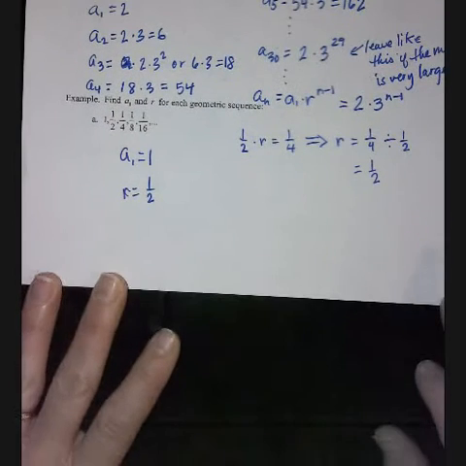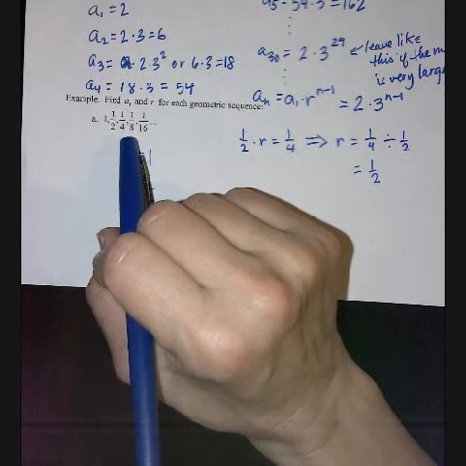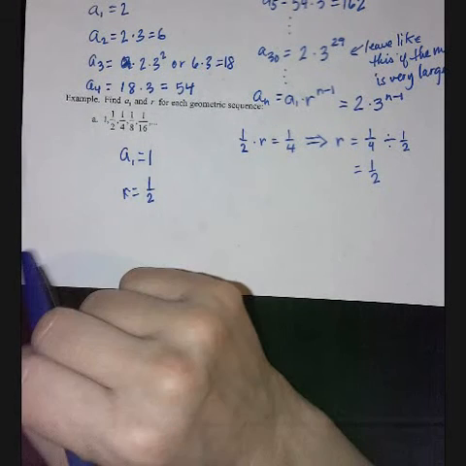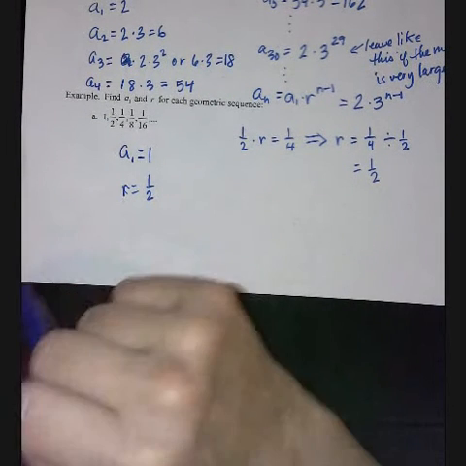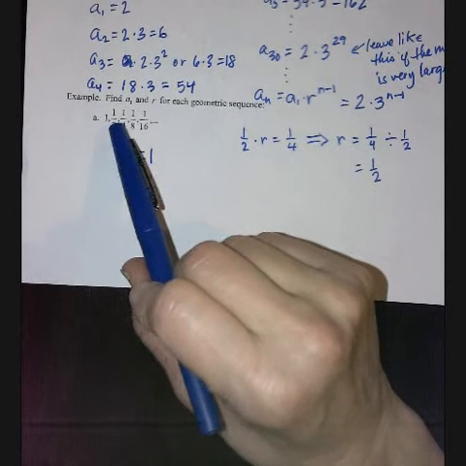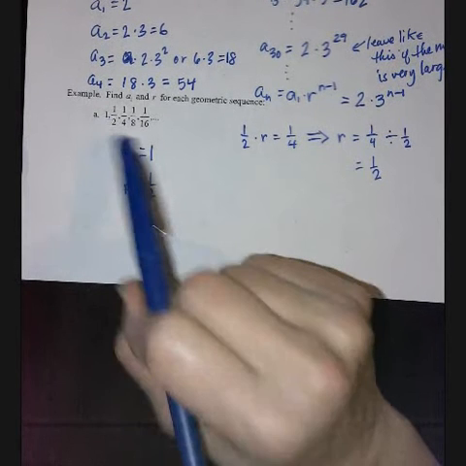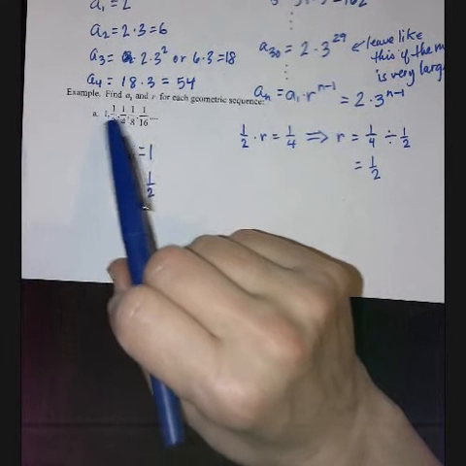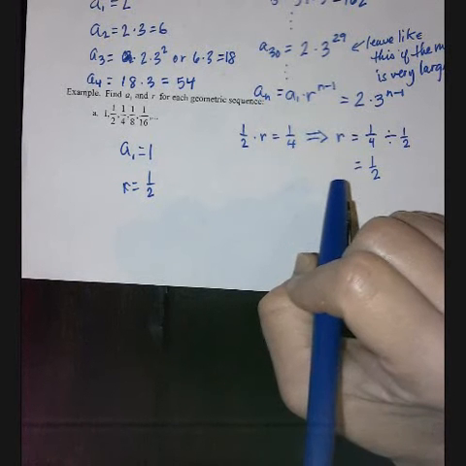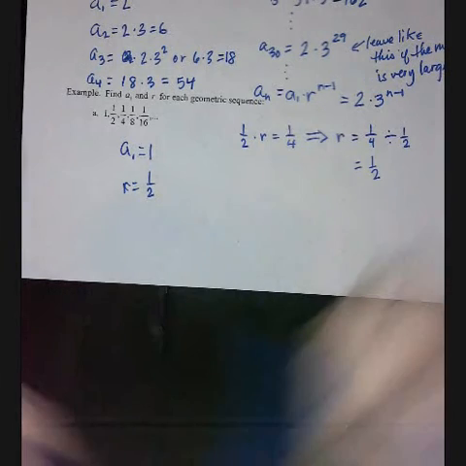In the next problem, we're given the terms of the sequence, and we're asked to find a sub 1 and r. A sub 1 is obviously 1, that's always the first term. And it's pretty easy to see that we would keep multiplying by a half to get subsequent terms. But if you're not sure what r is, you can solve for r. You could pick any 2 terms in the sequence.